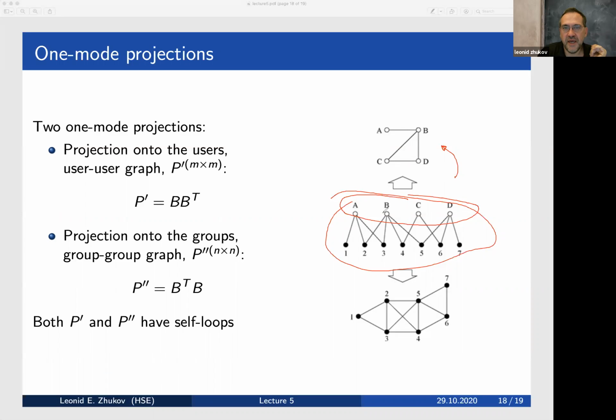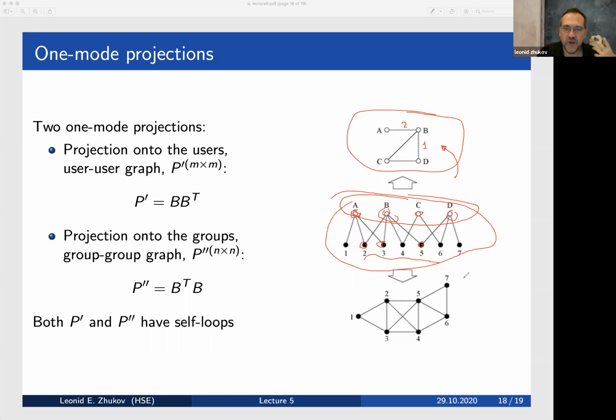Take A and B: they authored two papers together, so there is a connection, and it can carry a weight too. A and C don't have any common papers, so there is no connection. B and D have one common paper, so there is a connection. So you can build this co-author graph.